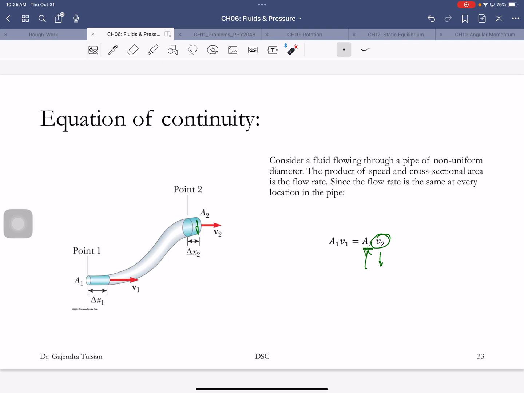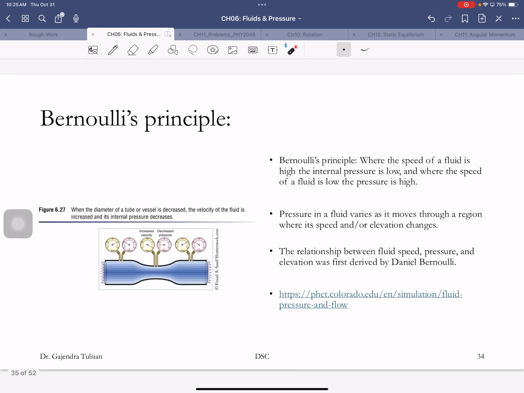What Mr. Bernoulli found was the following. Here's a fluid. This dial measures the velocity of the fluid, and this dial measures the pressure. Here is the fluid flowing in this pipe, and it's measuring the velocity and pressure.